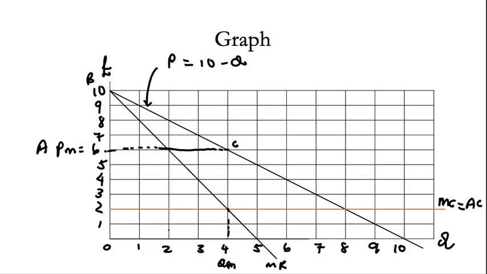Okay? So here, let me show you the first unit of good, which is 1 here. The price is 9. Alright. So the second unit of good sold to another person, which is 2 here, the price is 8.